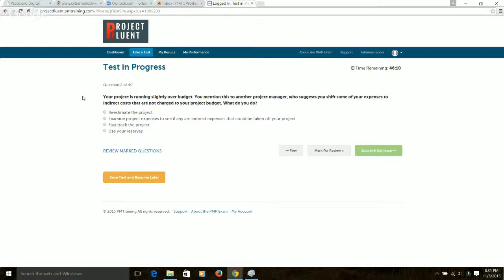What do you do? You re-estimate the project. You examine project expenses to see if any are indirect expenses that could be taken off your project. You fast track the project, or you use your reserves.